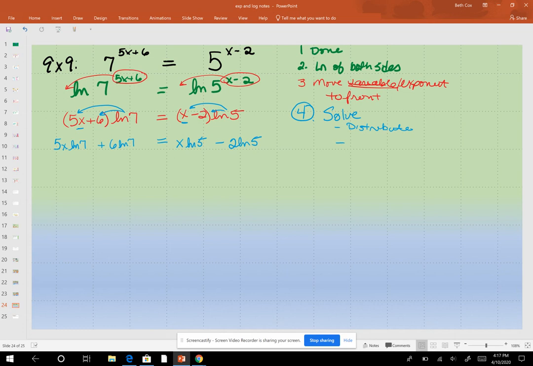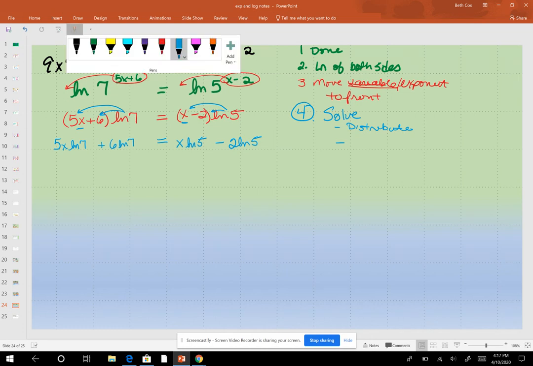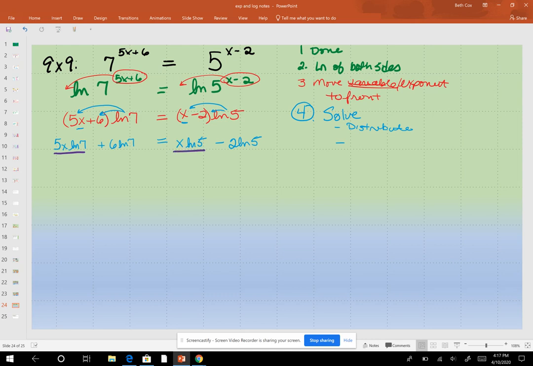So I distribute. Okay, so now what we're going to do is get our like terms on one side. The variables are going to go on one side, and the others, which are the numbers, are going to be on the other side.